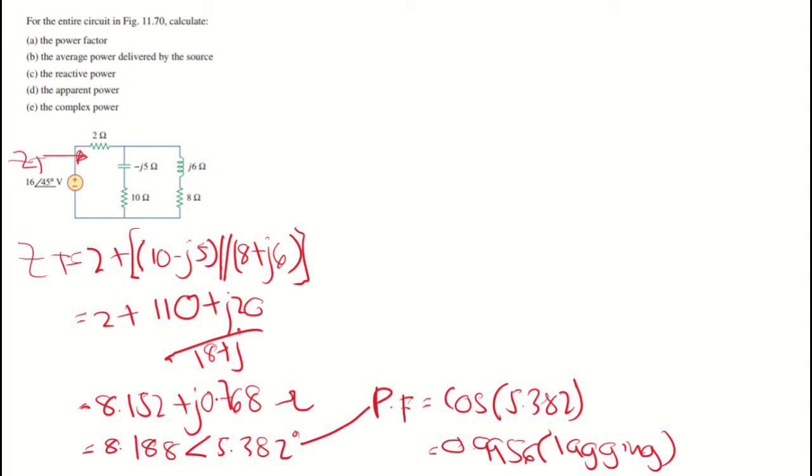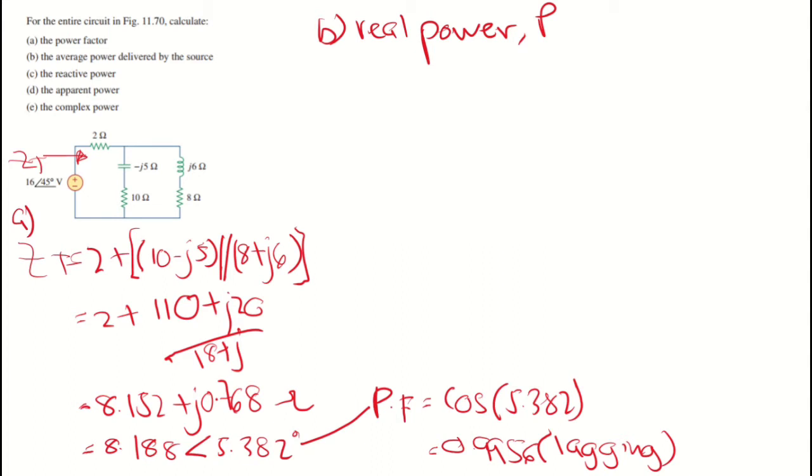So the next question is to find the average power delivered by the source. Average power is basically the real power, which we refer to as P. So this is B and this is A. We can get this value P, the real power, from the complex power.